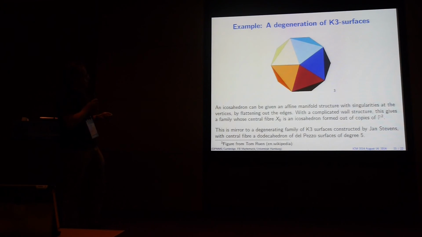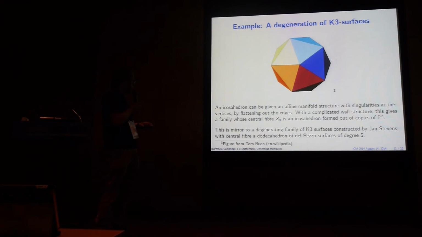And so it turns out that this affine structure comes naturally from looking at an old construction that Jan Stevens had, where he constructed a degeneration of K3 surfaces to a dodecahedron whose faces are made of Del Pezzo surfaces of degree 5. So you take 12 Del Pezzo surfaces of degree 5 and you glue them together to form a dodecahedron, and he proved that these things can be smoothed.